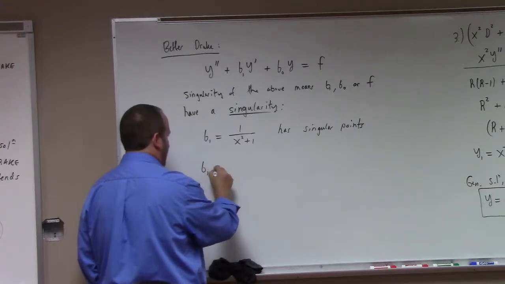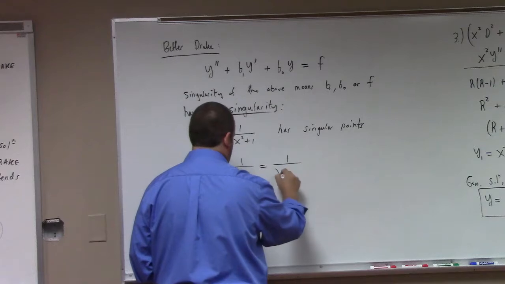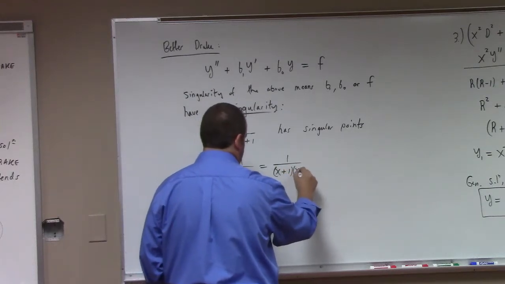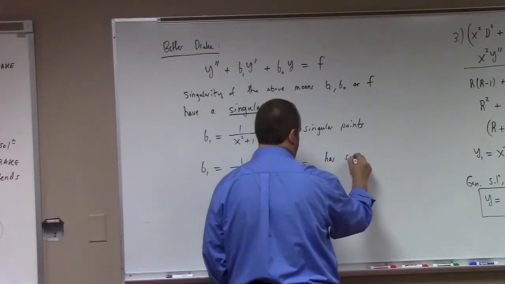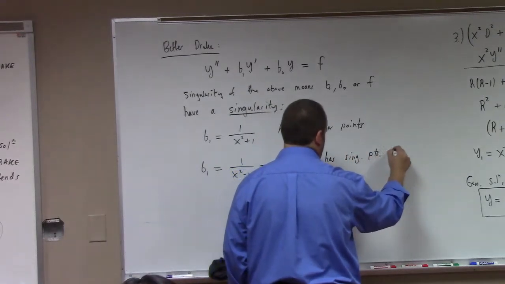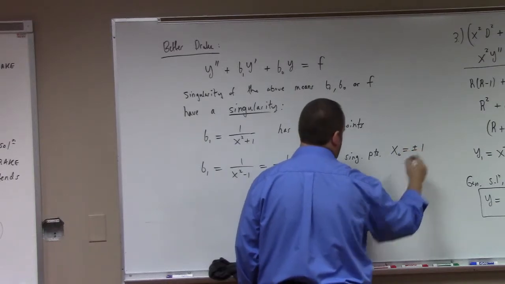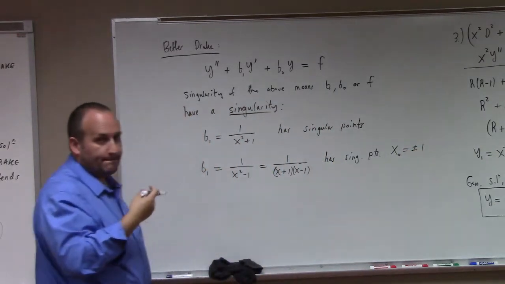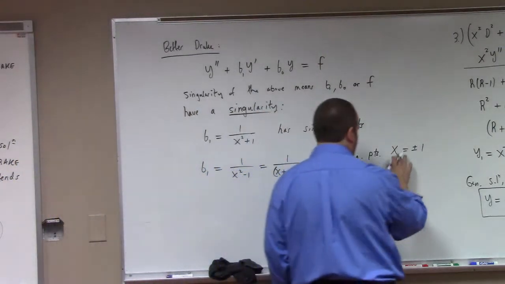How about B1 equals 1 over x squared minus 1? That one you guys will get better. That's 1 over x plus 1 times x minus 1, yeah? So that has singular points x naught, let's say, equals plus or minus 1. Maybe I call them x sub star.